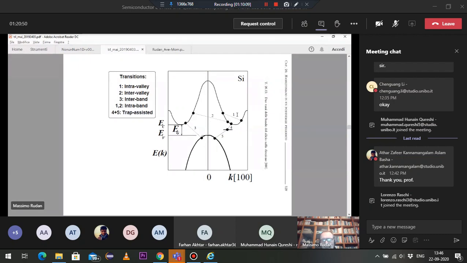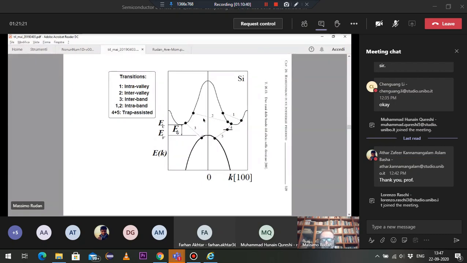Both transitions of type 1 and 2 are such that the initial and final state are in the same band. Okay, for instance, 1 and 2 are in the conduction band. Okay, so they are collectively called, you can see it in the left part of the figure, intra-band transitions.